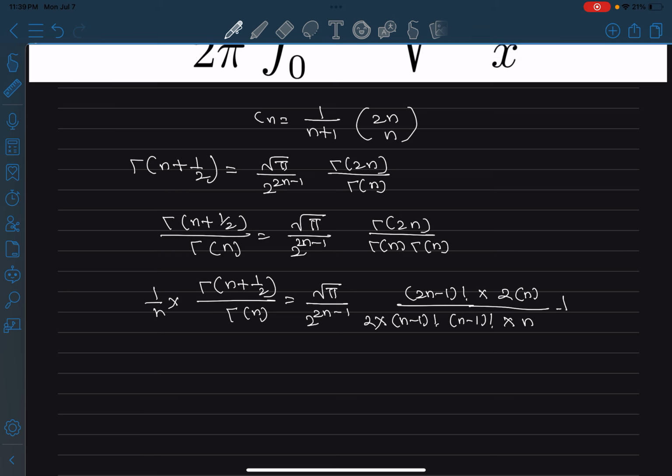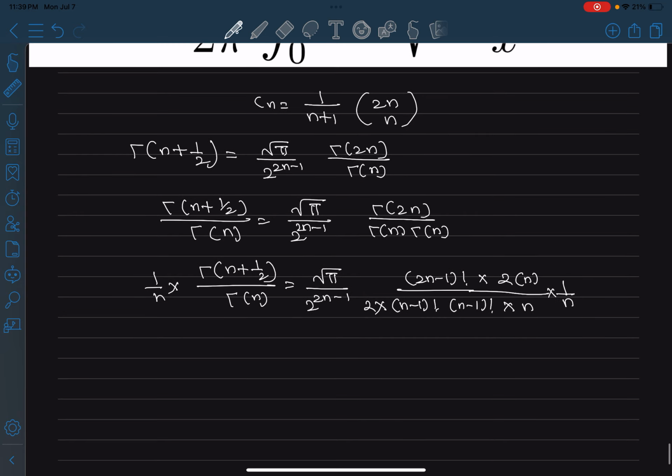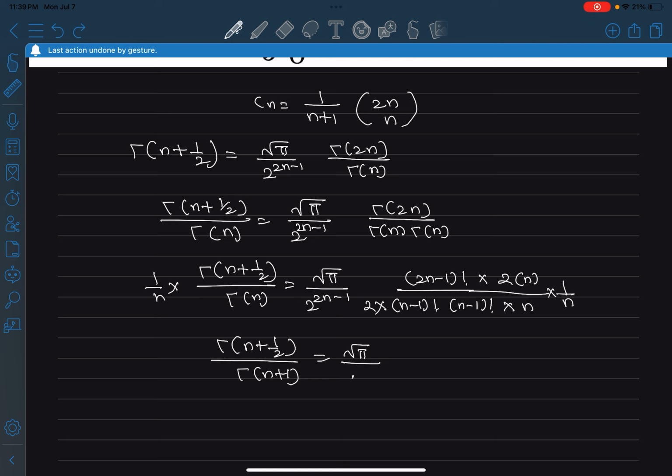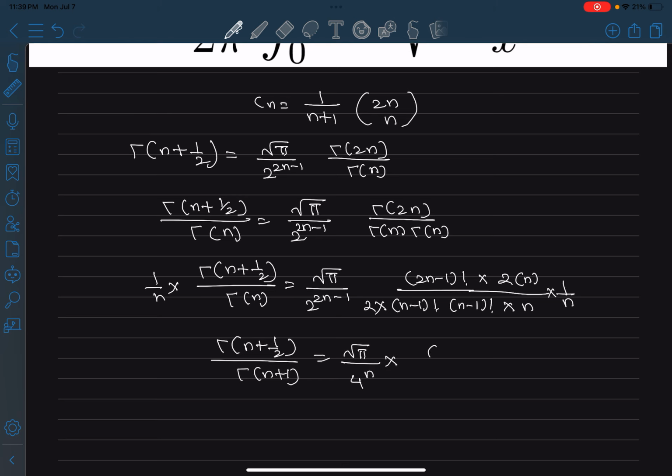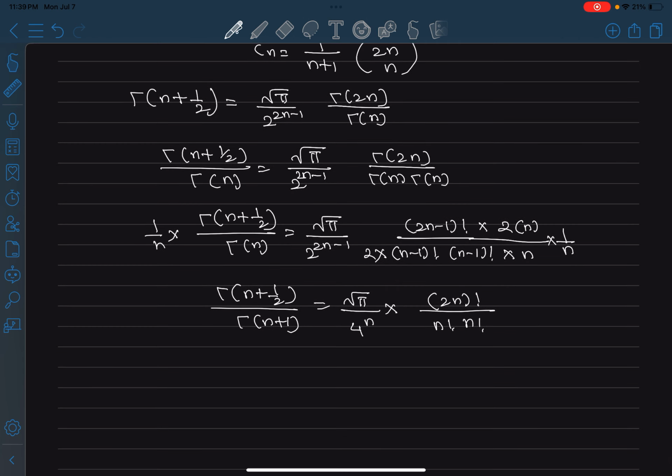So now I have gamma of n plus half by gamma of n plus 1, right? And over here on the other side, this becomes 2 to the power 2n, which is 4 to the power n, and this is 2n factorial by n factorial n factorial. And this is exactly the central binomial coefficient that we are looking for.